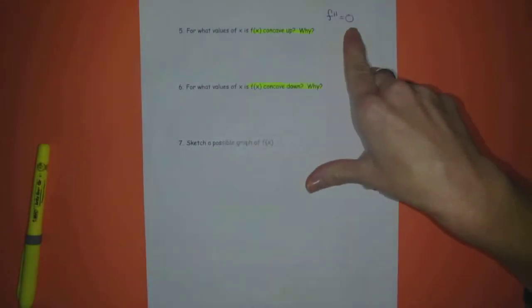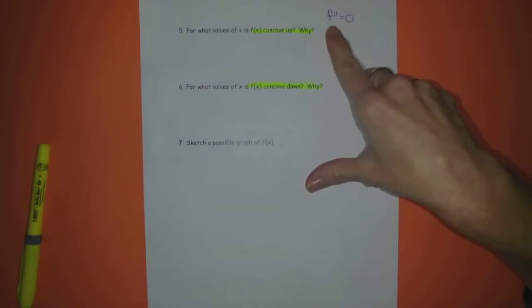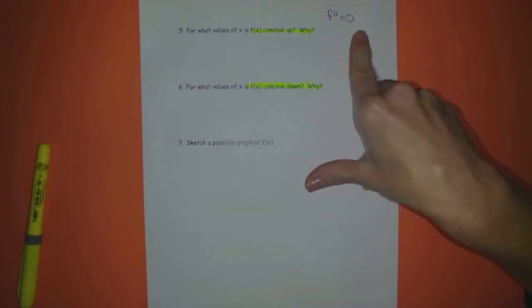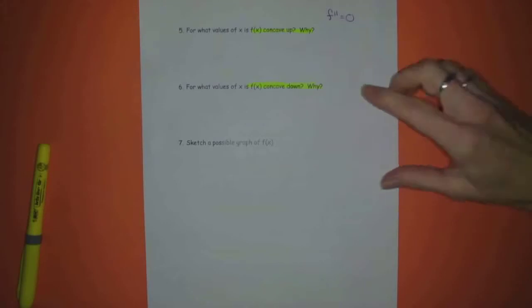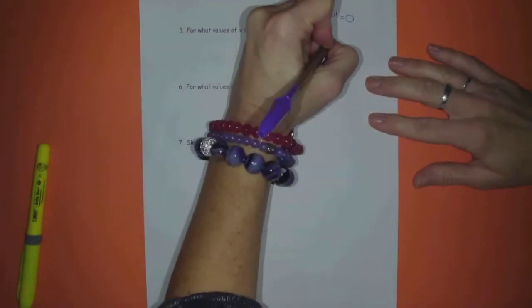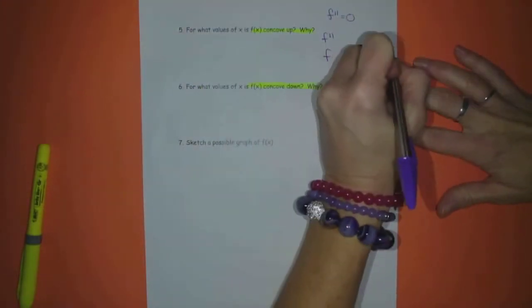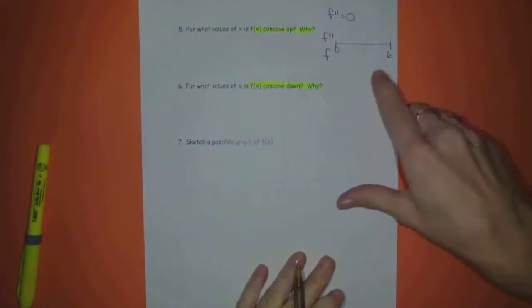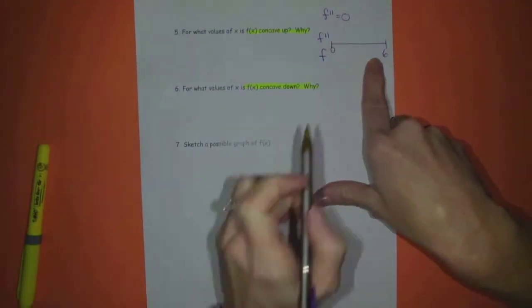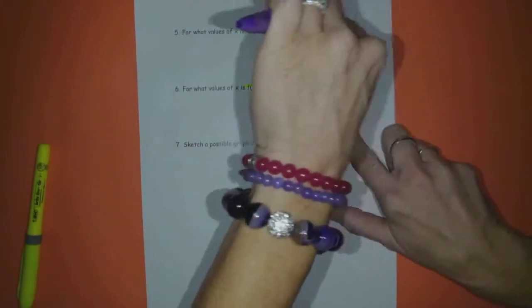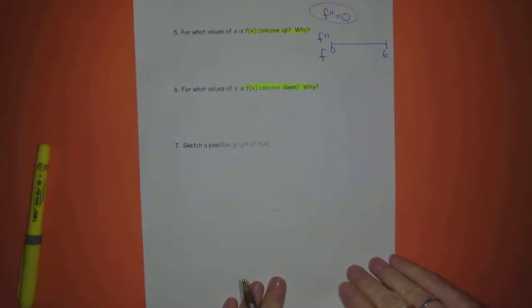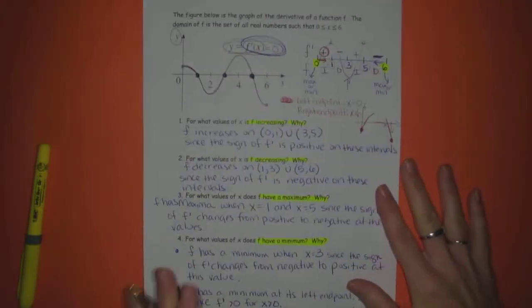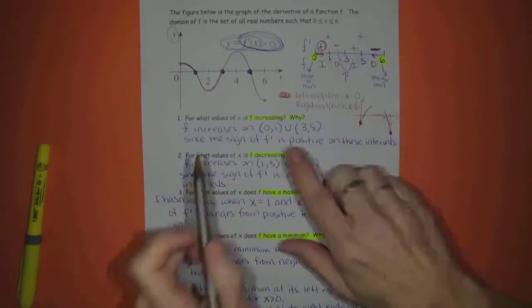So we set the second derivative equal to 0, and then we find our possible inflection points. We make a chart. So typically we would make that f double prime, f chart. We'll make it on our closed interval from 0 to 6, but we need to put on this chart the places where f double prime is 0. So we have to go back to the f prime graph. Now this gets fun. Here's f prime.